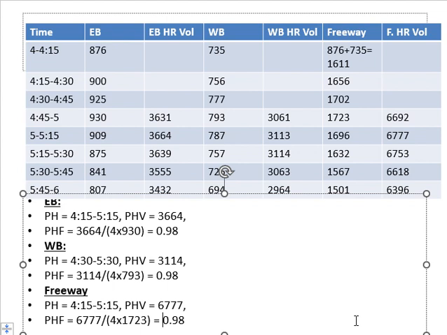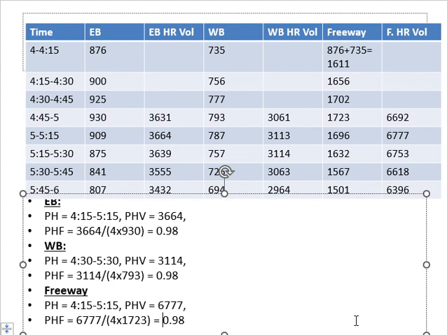One thing which is very good here, that you can see the peak hour is different in both directions. The peak hour time is different. The volume is obviously different, and the peak hour factor can be different. It's coming out to be the same here, but it can be different. But usually peak hour factor does not change much. So it's not like one direction has 0.98, the other one has 0.79.